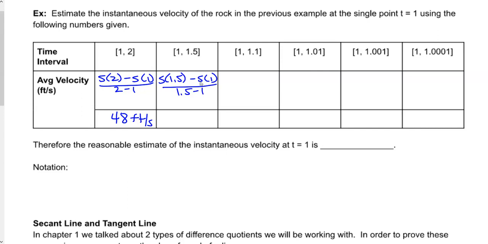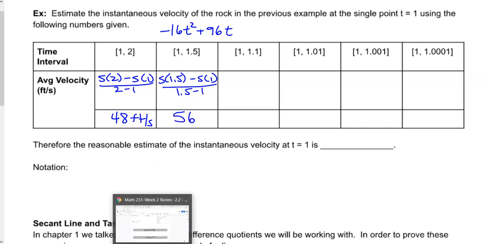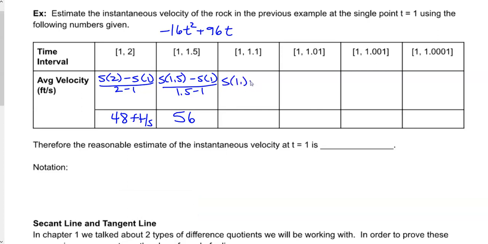So remember, this is 80. This here, you're going to have to plug into that function, negative 16t squared plus 96t. I know it's kind of tedious when you're working with these decimals, but it gets the idea across really well. So if you do that and divide by 0.5, I will tell you that the average velocity for this interval is 56. Likewise, we're going to do this 4 more times.